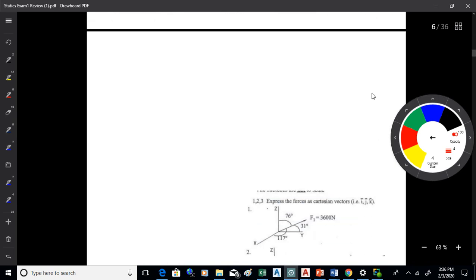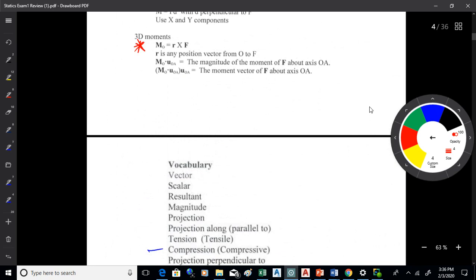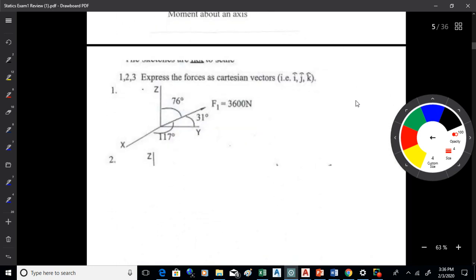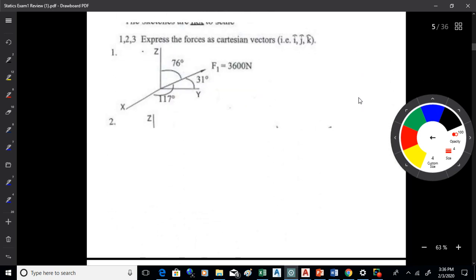So any questions on that one? Okay, let's go back to the beginning then. Number one. So what are we going to do on number one? Yeah, right, that's about the cosine, so cosine 117, right?